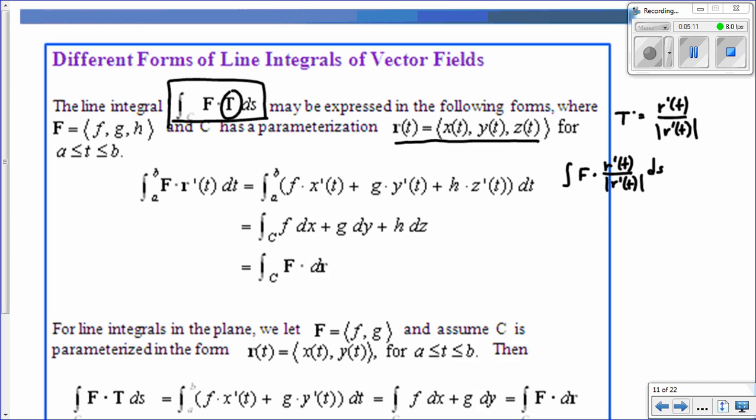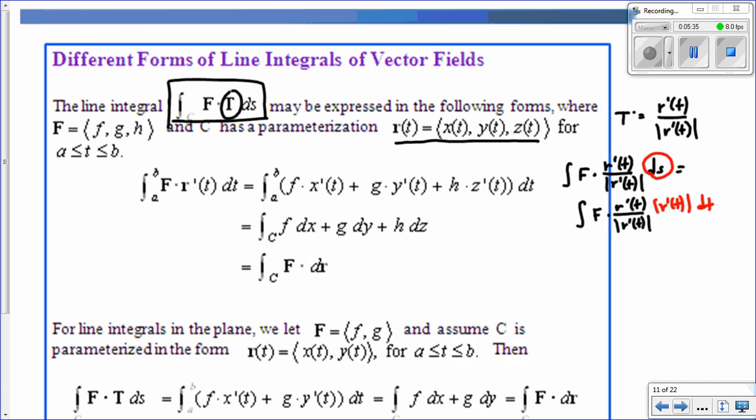Now recall also in the previous section that we found another way to represent ds so that we didn't have to have the arc length for the parameter s. Okay, and ds was equal to the magnitude of r prime of t dt.